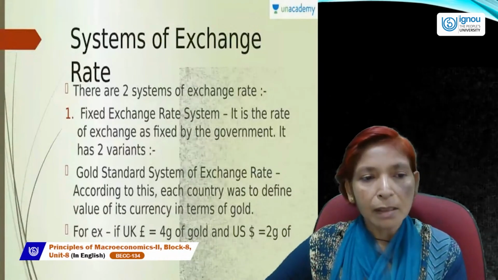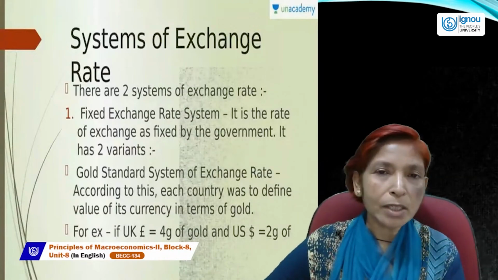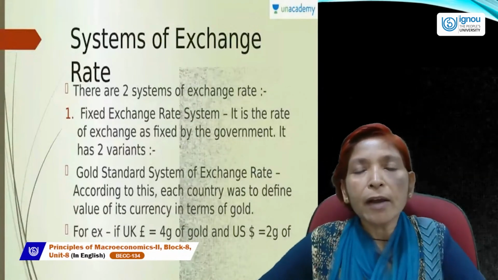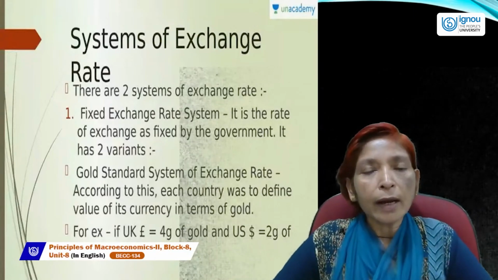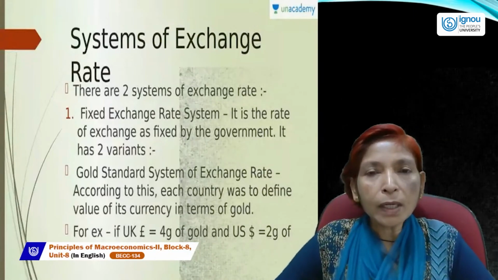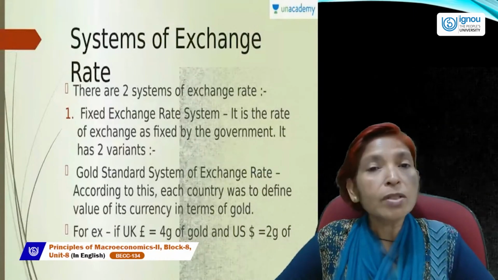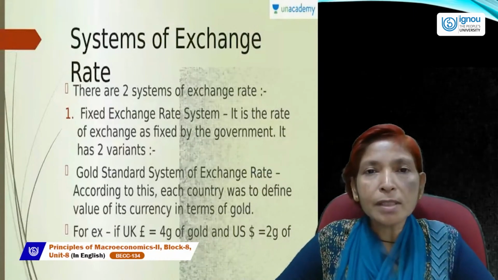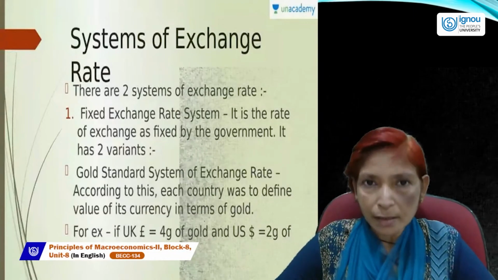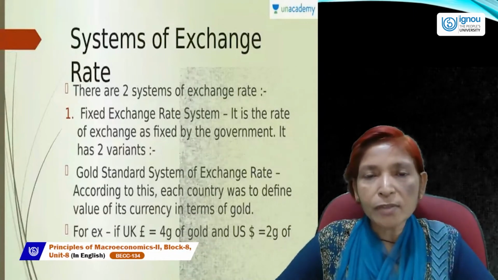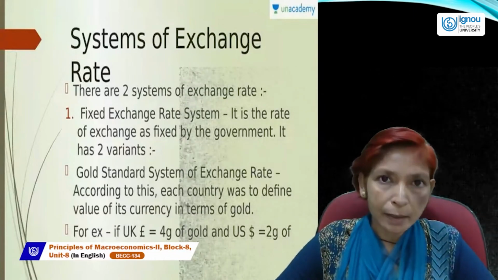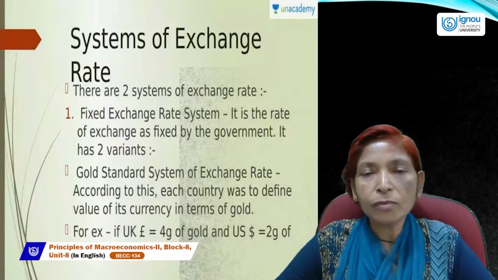It means under this fixed exchange rate system, each and every country had to convert their own country's currency in terms of gold, because at that time gold was the standardized currency which was fixed by USA during the Bretton Woods system.